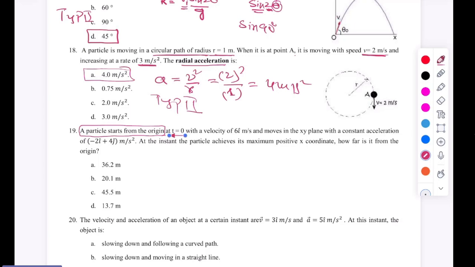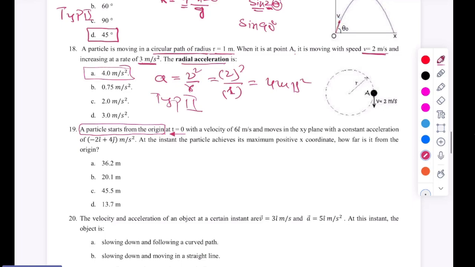So it starts from the origin with a velocity, which is the initial velocity, and moves in the xy plane, like this, with x and y axes, with a constant acceleration. This is the acceleration.